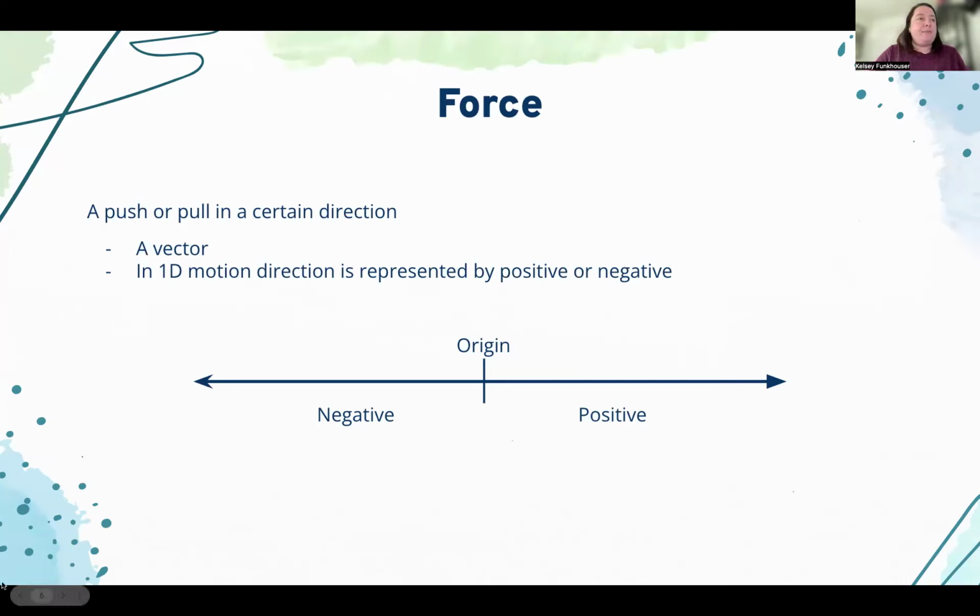So we have our origin position, and this we can establish and decide. Generally, we would pick the starting point as the origin, but some situations arise otherwise. So anyway, we have the origin, and then we say that motion to the right is positive, or forces to the right are positive, and forces to the left are negative.